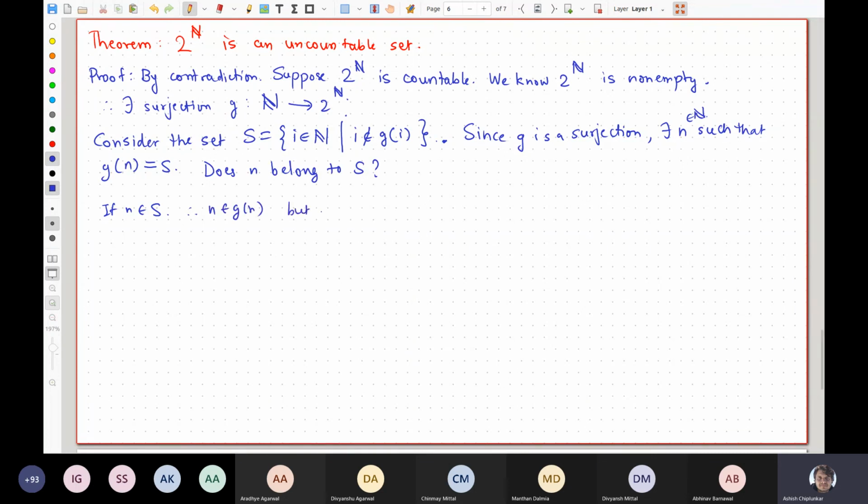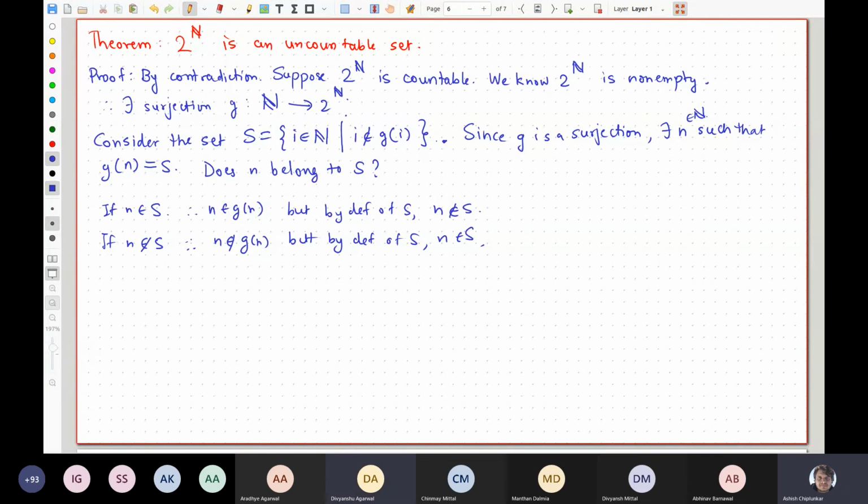But by definition of S, n should not belong to S. Similarly, if n does not belong to S, then n does not belong to G of n. But again, by definition of S, n must belong to S.